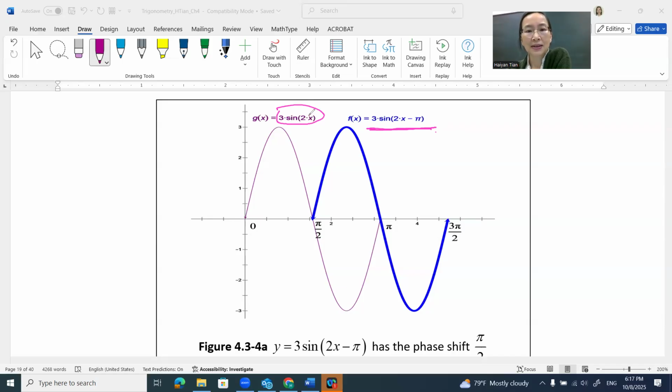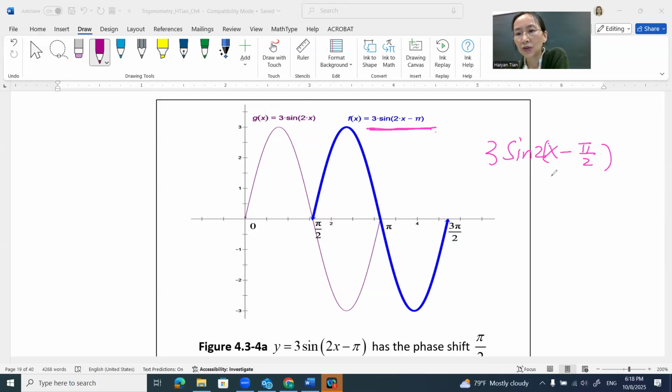Because this x is now replaced by what? X minus half of pi, right? So after we factor out, this is actually 3 sine. So we need to look at the x in the original purple sketch, and now the x has become x minus half of pi.